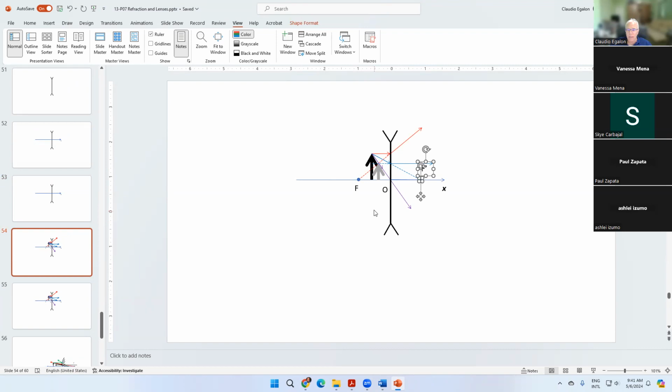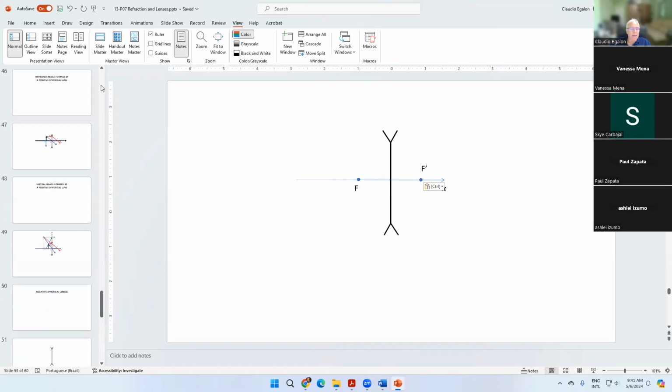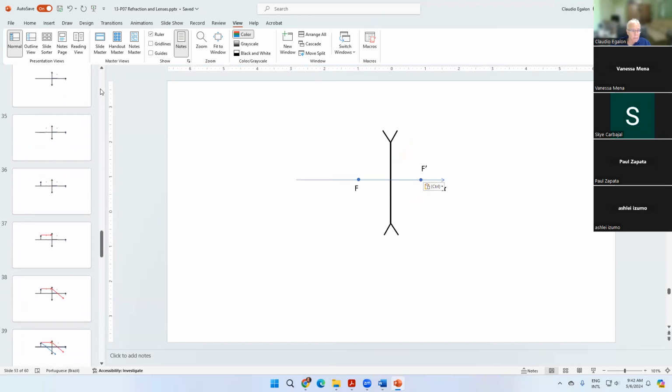In the next step, we illustrate the focal points of the lens. But because this is a negative lens, the focal point F must be in front of the lens. See that? Whereas the second focal point is going to be behind the lens. Did you notice the difference here? Let me show the comparison.